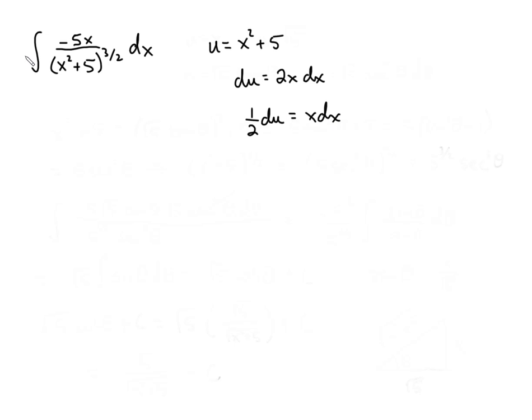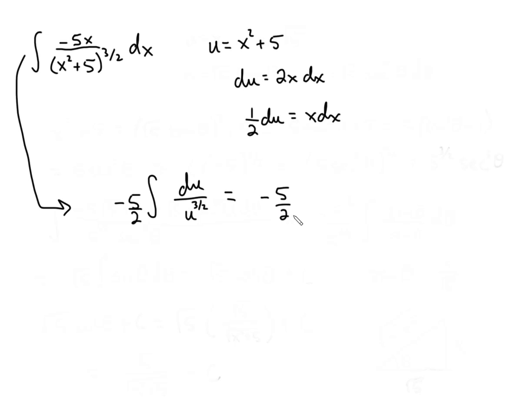And then just come up here and change this integral to, let's see, we have a minus 5. We'll just put that in front. The x dx, there's the x and the dx, they're going to become 1 half du. So in fact, we can just put that 1 half out in front there. And what do we get? Du over u to the 3 halves power. And you can write that as minus 5 halves u to the minus 3 halves power.